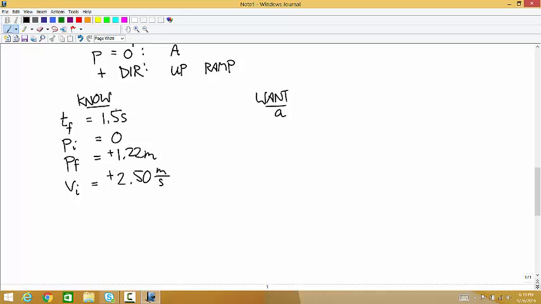So an equation that works with these, it's the same equation again. P final is equal to P initial plus V initial times time final plus 1/2 A time final squared.